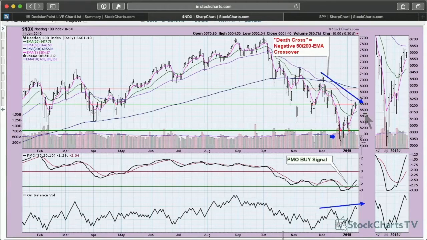No. A positive divergence would be a higher indicator high, a higher indicator low versus a lower price low, which you see you do have on the November and December lows. So, but a reverse divergence is the opposite of what you're expecting.